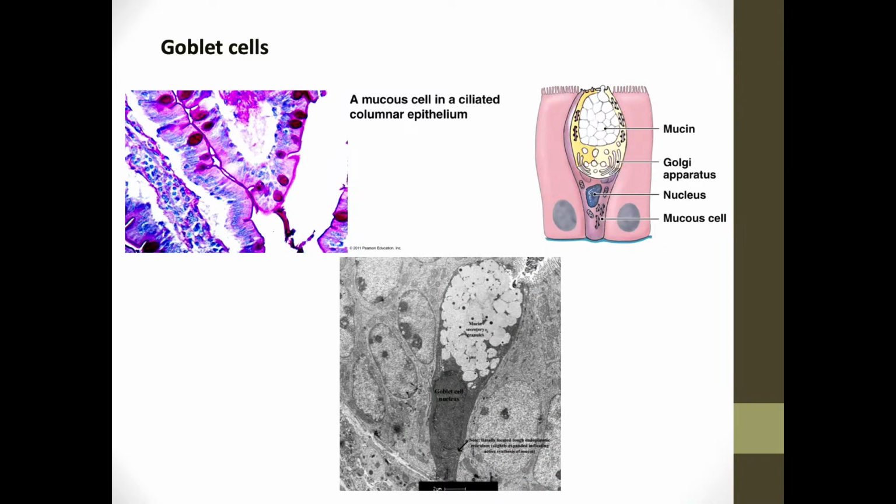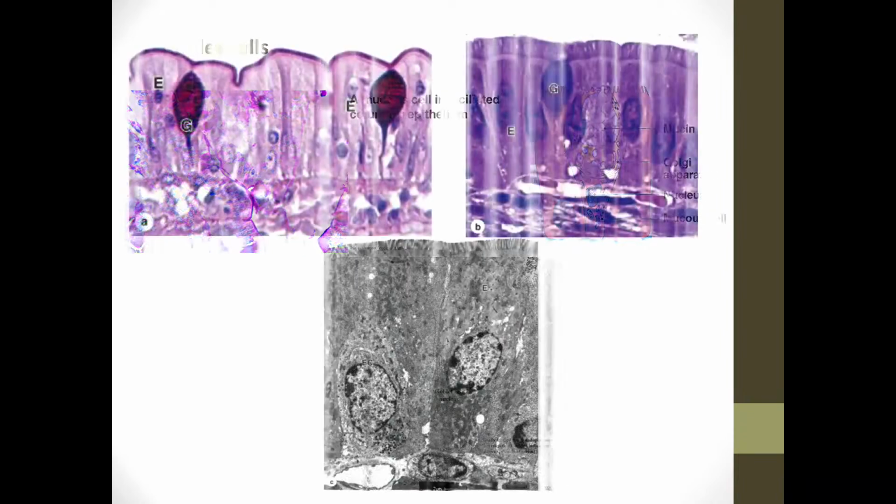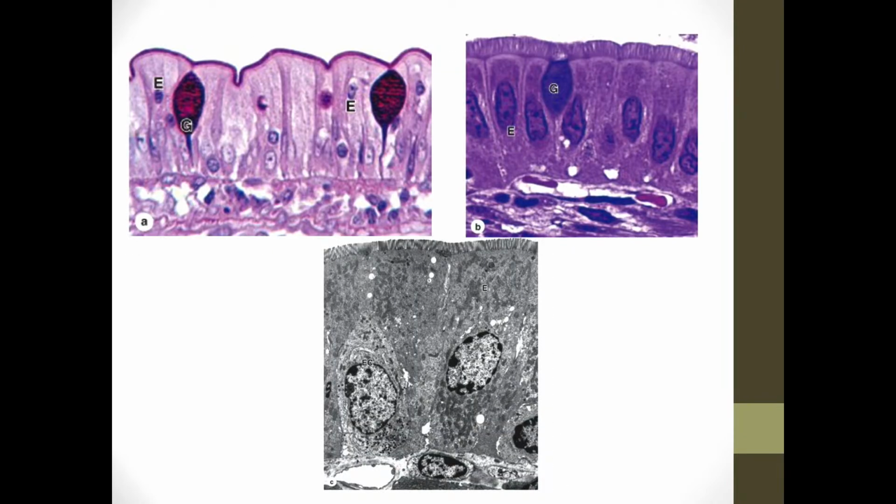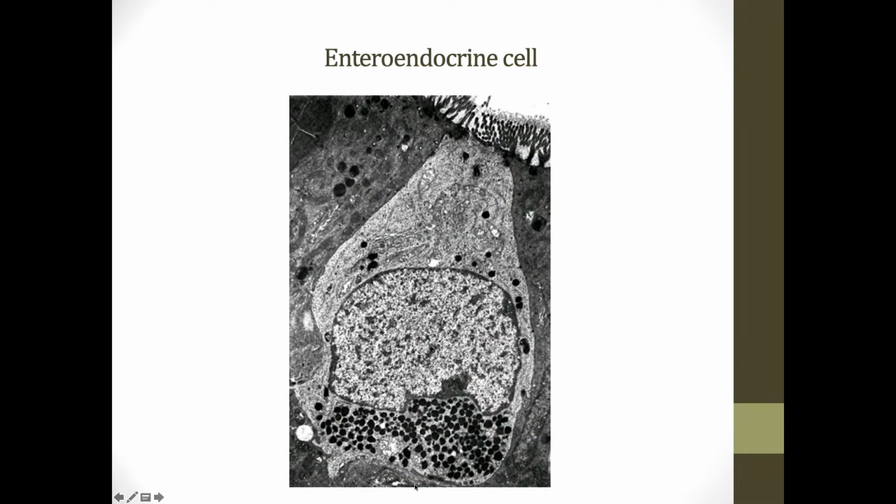About the enterocytes and about endocrine cells. Yes, the endocrine, and you can see many different types, produced by the enteroendocrine cells.